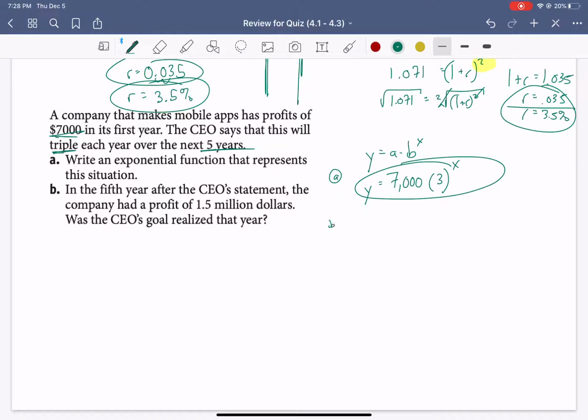And then moving on to part B, we're trying to say, after 5 years, will we reach that mark of $1.5 million? So let's see. That means x is equal to 5 years. So we just have to plug it in.